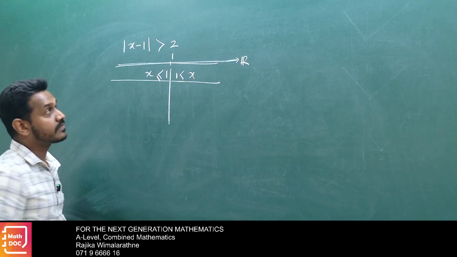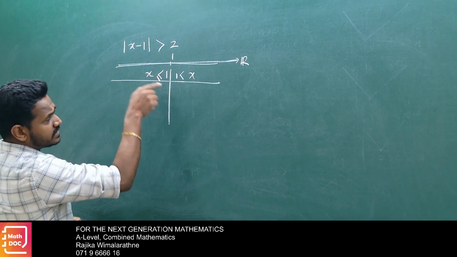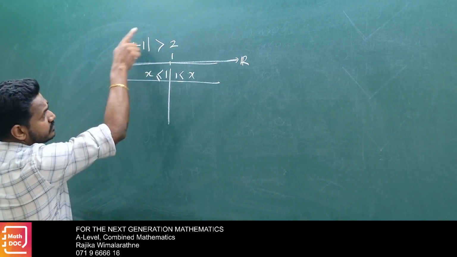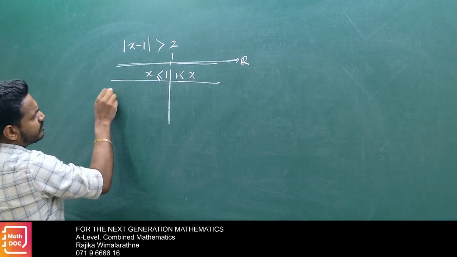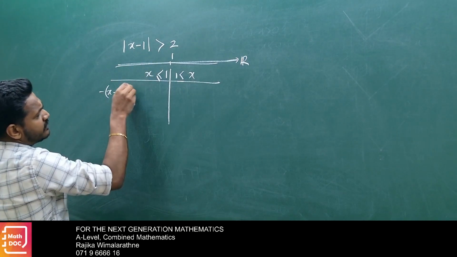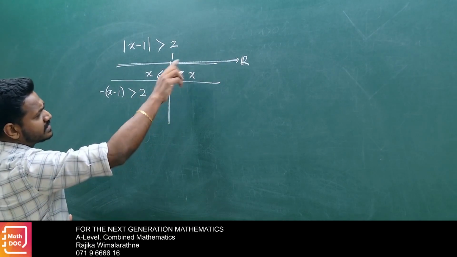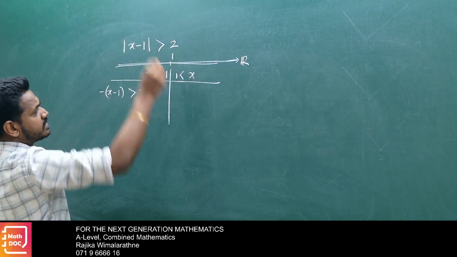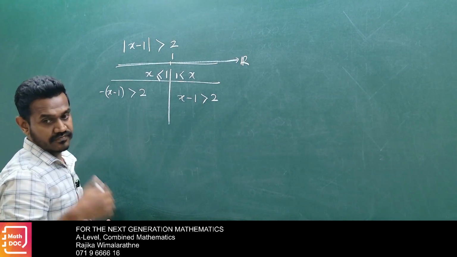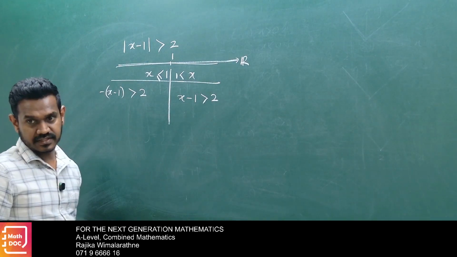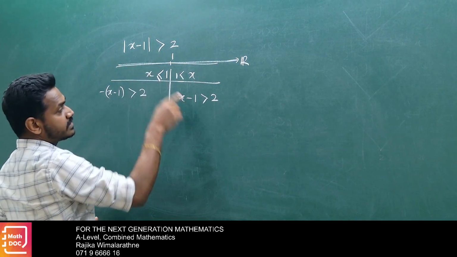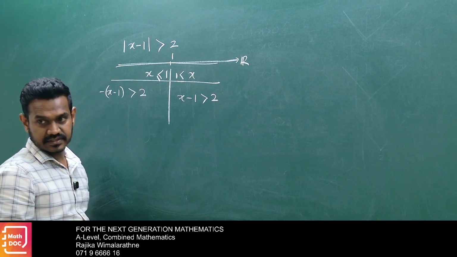Now x less than 1. Here this part is negative, no? For x less than 1, negative, so put another minus sign to remove that, and write the same inequality. For x greater than 1, this part is positive, so put the positive sign and write it as it is.